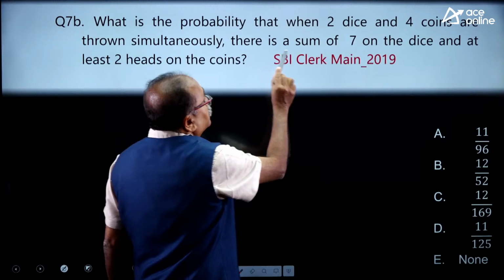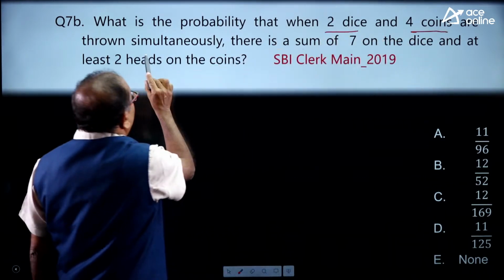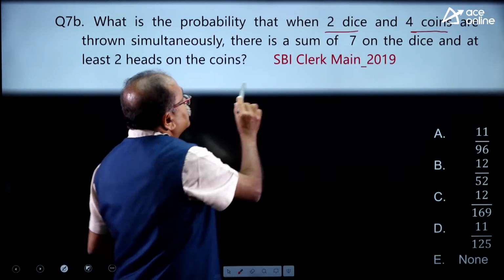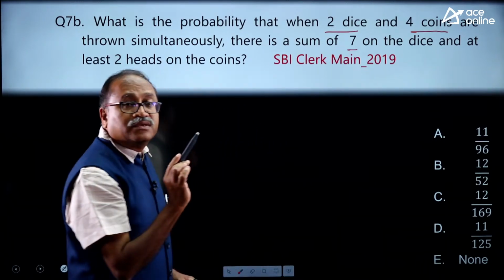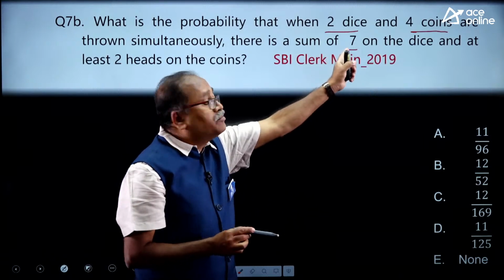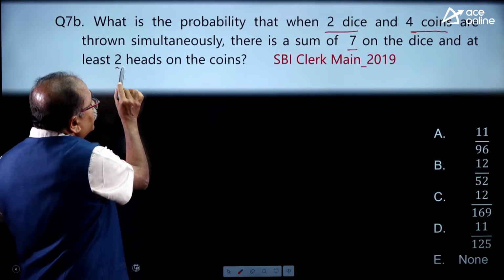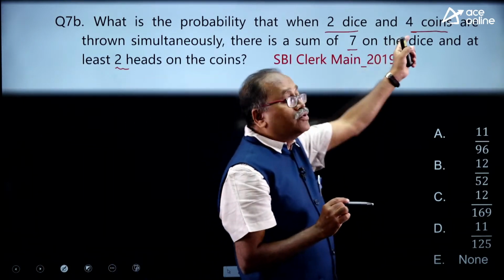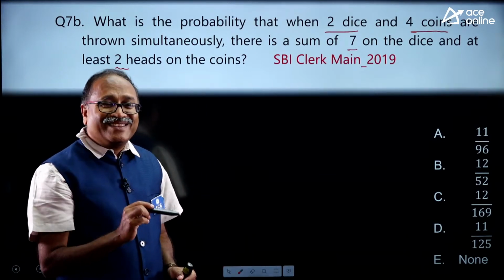What is the probability that 2 dice and 4 coins are thrown simultaneously, and the sum of the numbers on the 2 dice is 7, and there are at least 2 heads on the coins? How many coins are there? 4 coins are there. At least 2 heads. How do we answer this question?